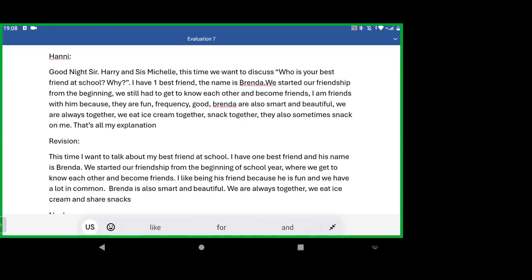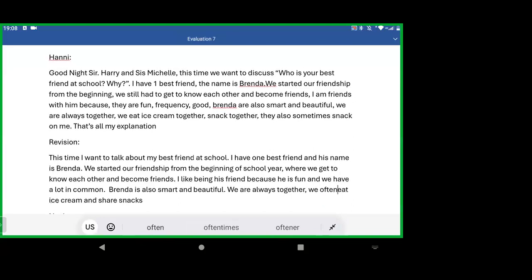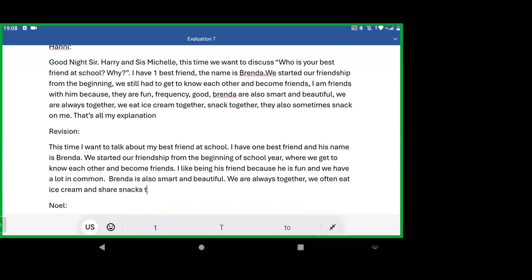So I'm going to combine the share snacks together and eat ice cream together as one. Eat ice cream and share snacks together. So we can say we often share snacks together. Okay, I think that's all. They also sometimes snack on me, not really sure, but it's actually the same, I guess, with share snacks together.